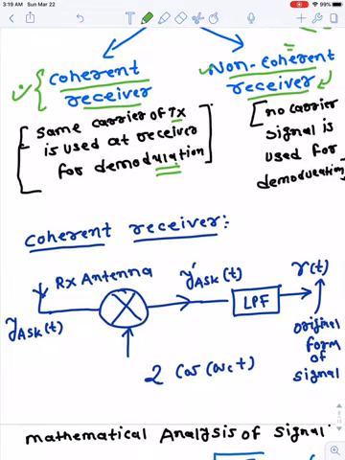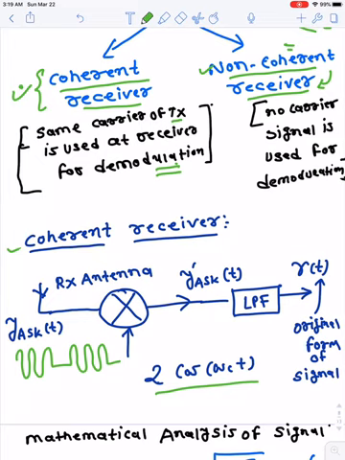Now if we start with the coherent receiver, the y ASK of t signal is received, so the signal received here is in this form. It is multiplied with 2 cos omega ct.